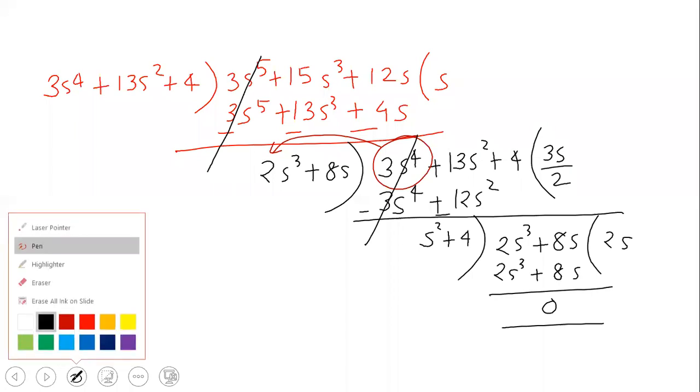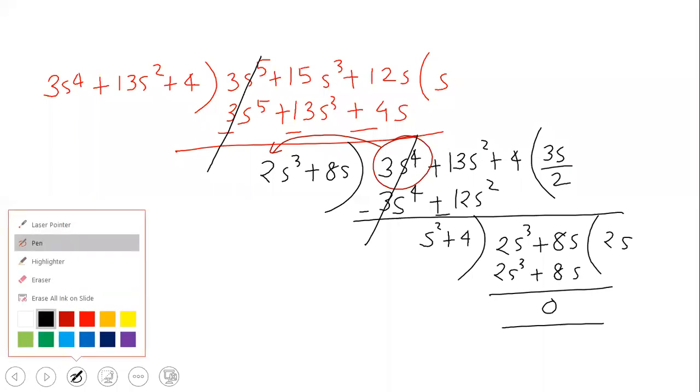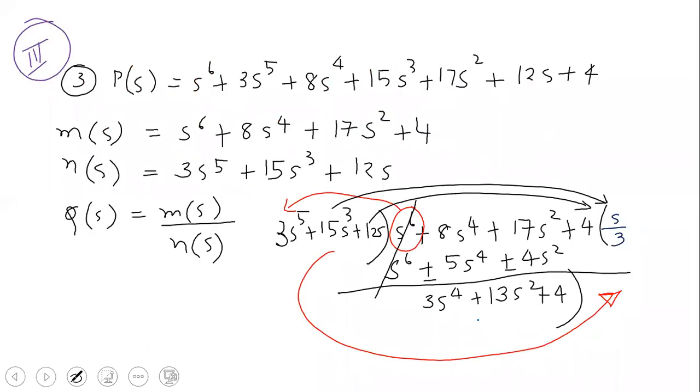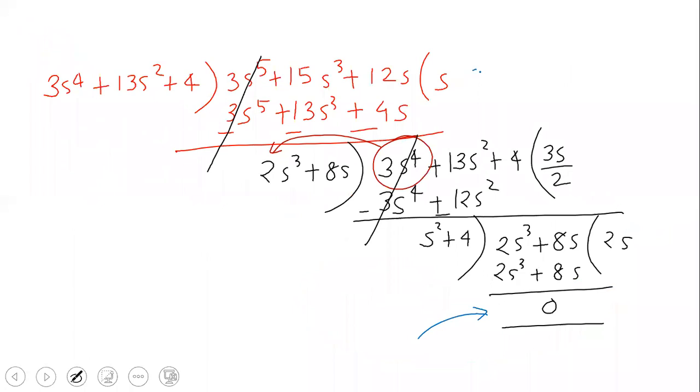So when you're getting a 0, that means it has terminated abruptly. Why has it terminated abruptly? Because the highest power is 6. Mathematics teaches us that if the highest power is 6, that many quotients we should have. We have got the first quotient here, the second quotient here, the third quotient here, the fourth quotient here.